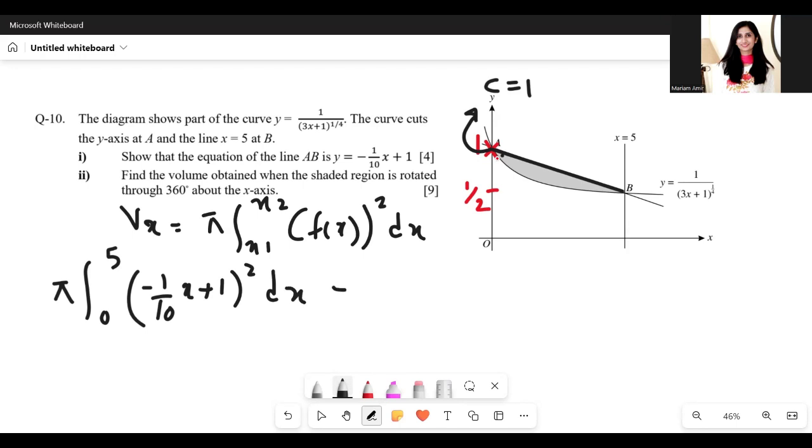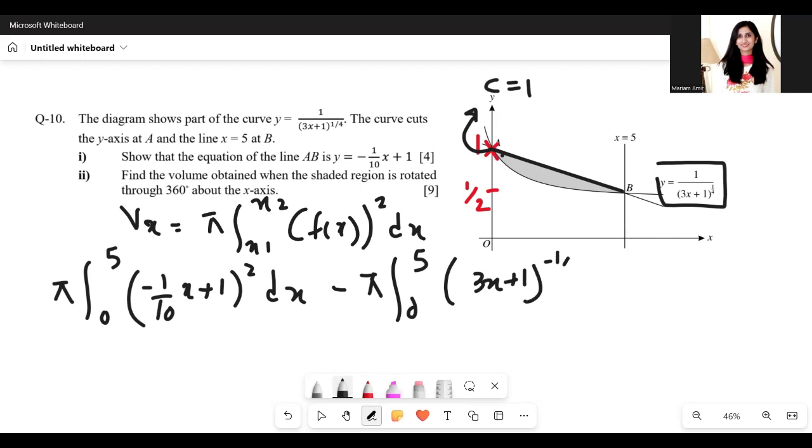And then we're going to subtract pi, same limits 0 to 5. The other curve is this. So the function, I'm writing 3x plus 1 to the power minus 1/4. I've taken it into the numerator. And now I'm going to square this and solve it. Now we will be squaring these curves and then integrating them.